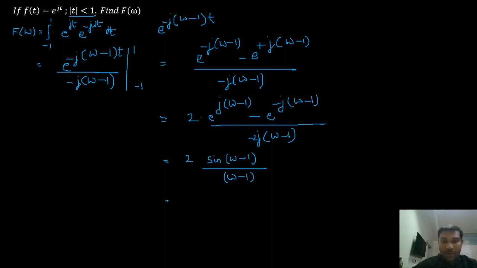So this is nothing but 2 sampling of omega minus 1. This becomes plus, sorry, so it is 2 sampling of omega minus 1. Now let's move on to the next problem.